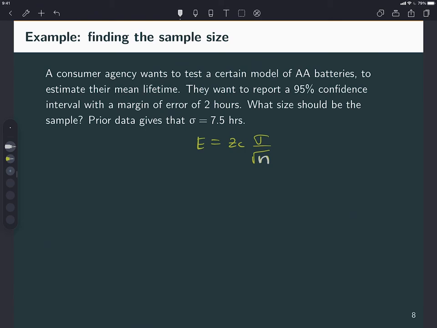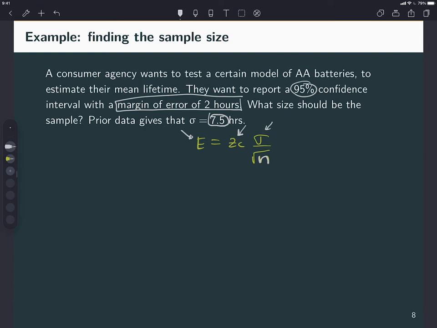So what I need to do is solve for it. I am going to know the z because this value comes from the confidence level. I do know the standard deviation that's given right here. I'm given that they want the margin of error to be 2 hours, so I have a target for the margin of error. So the only thing I don't know is the n.